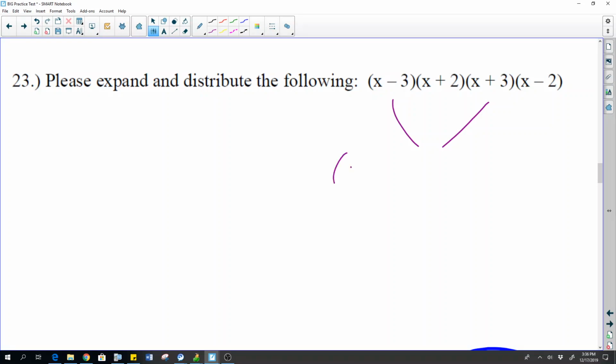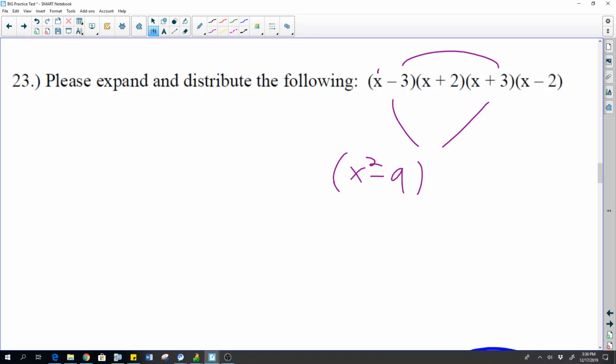And so that's going to be x, and then 3 times 3 is 9, all squared. No, it's not x minus 9 all squared, is it? Wait a second. So I think it's just x squared minus 9, that's it.